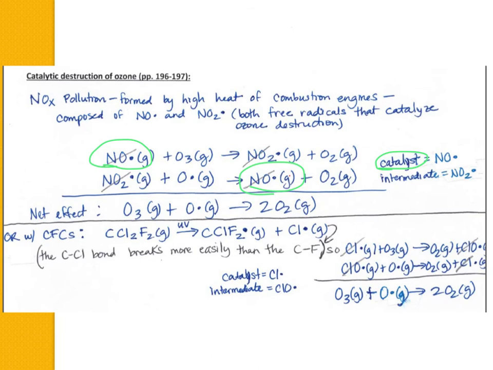So the catalyst does not change during the course of the reaction. It instead provides an intermediate, which is produced and then used up, and then reforms as its old self again on the other side. So the catalyst is what we start off with and end up with that cancels out, whereas the intermediate is the thing that's produced in step 1 and used up in step 2. Neither the catalyst nor the intermediate are part of the net reaction.